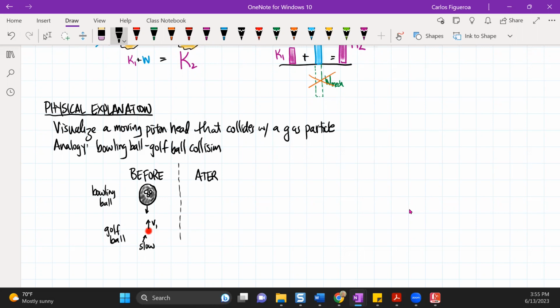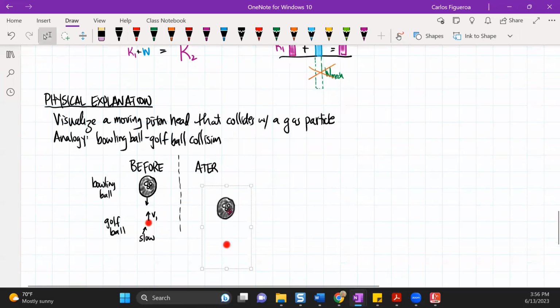In other words, the golf ball afterwards has a much higher speed. It's clearly faster.